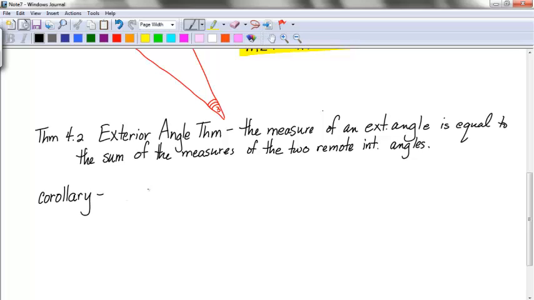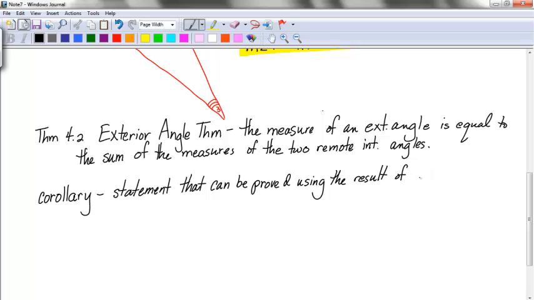It is a statement that can be proved using the result of a theorem.